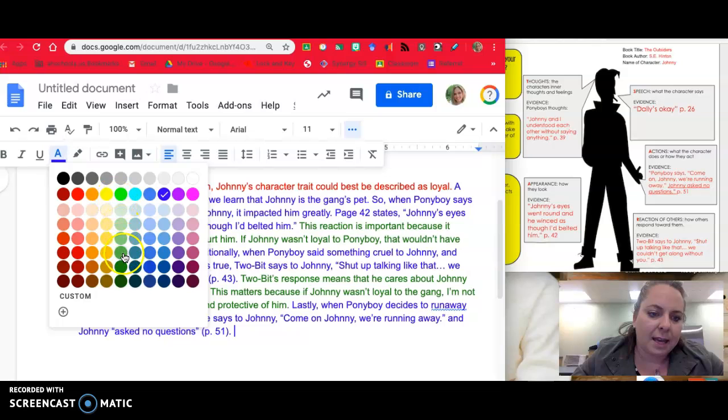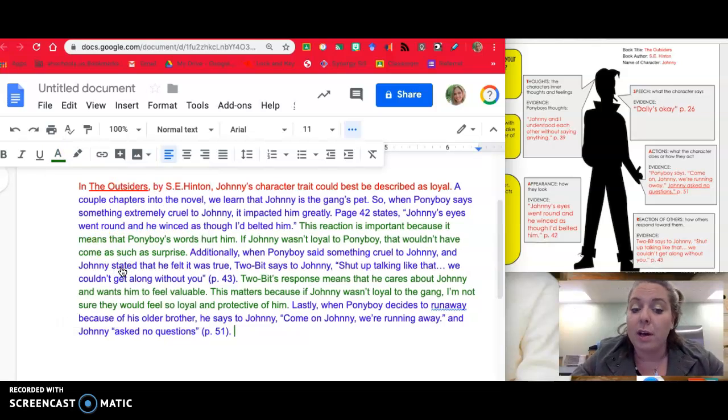And again, I can explain why this means loyal. I feel like Johnny trusts Ponyboy and knew that he needed a friend.